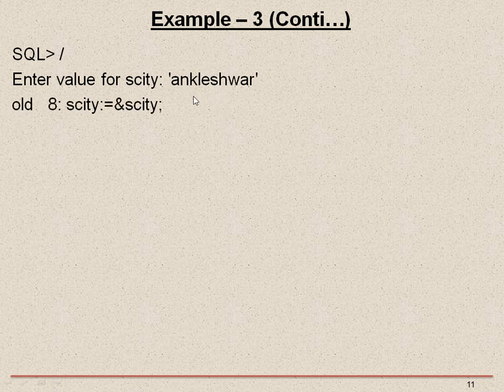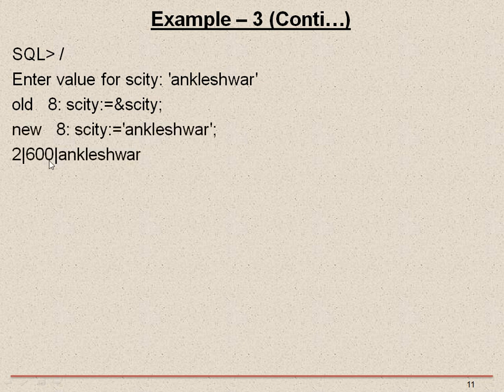It will display the information: the ID number is 2, 600 is the amount, and the city is Ankleshwar, because for the city Ankleshwar one record exists, and that record will be displayed here. Suppose I execute this same program again and pass Bharuch; it will display two records, because Bharuch city belongs to two employees. Get it? Okay.